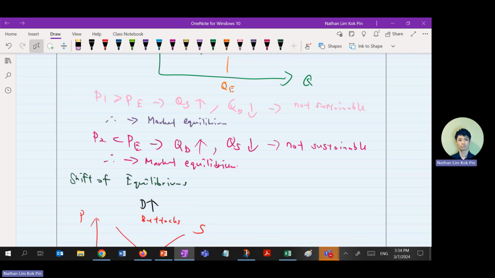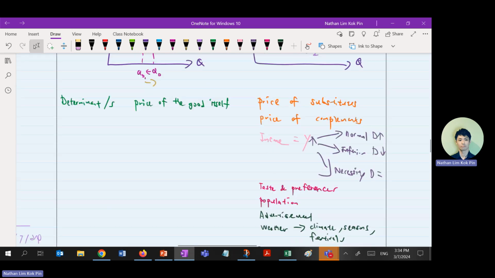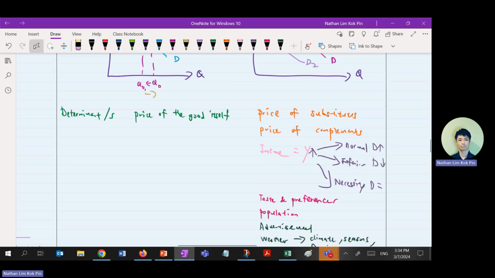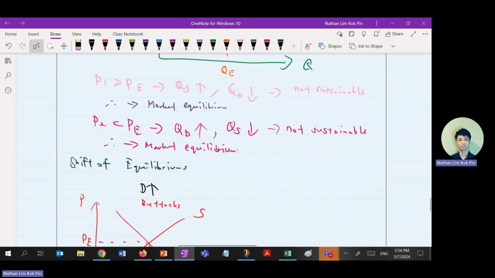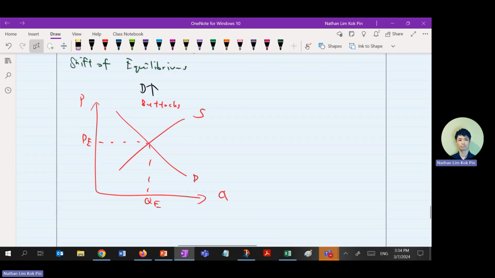When you know taste and preference, if you look at the list just now, taste and preferences are under demand. So that's why you have to write or draw demand, and you must draw demand increase, right? And it will result in chicken buttocks price increase and chicken buttocks equilibrium quantity increase. Makes sense, right? This is due to taste and preference.